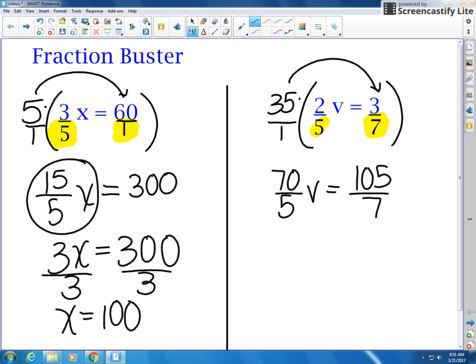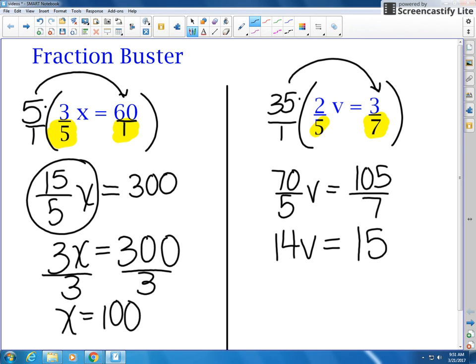I still have fractions, but these fractions are better than the original fractions because these fractions can be turned into a whole number. You may want to have a calculator because I'm going to do 70 divided by 5 to figure out how many V's I have. So 70 over 5 is equivalent to 14 V's. And then I'm going to do 105 divided by 7, which equals 15.